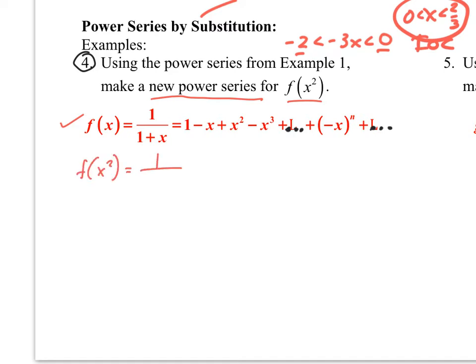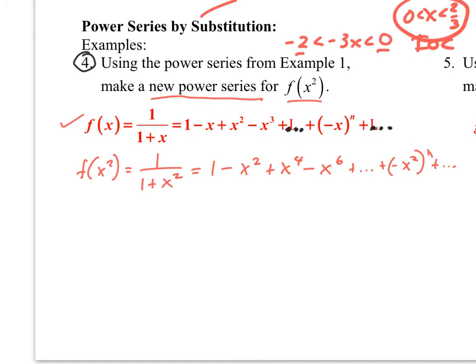So that's going to be equal to 1 over 1 plus x squared, which is equal to 1 minus x squared plus x to the 4th minus x to the 6th plus dot, dot, dot. And then I'm going to end up with plus negative x squared to the n plus dot, dot, dot.